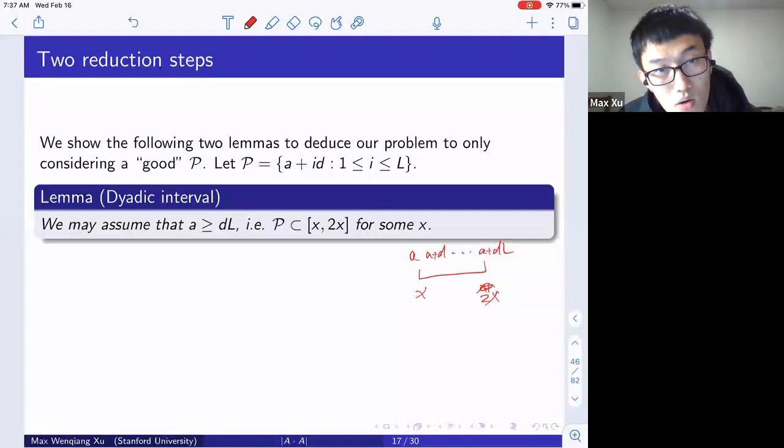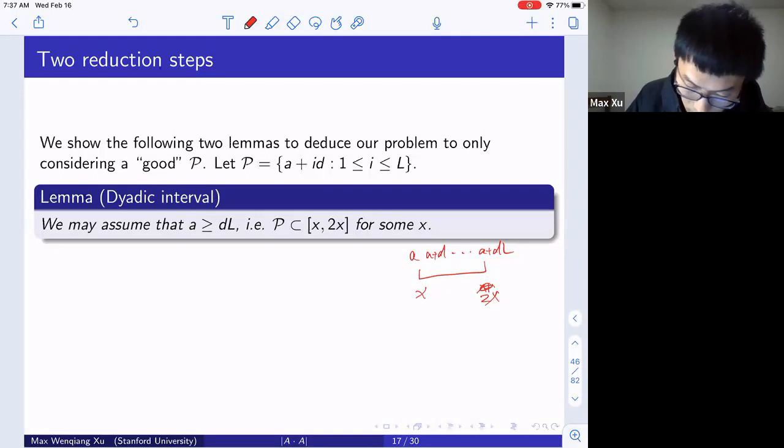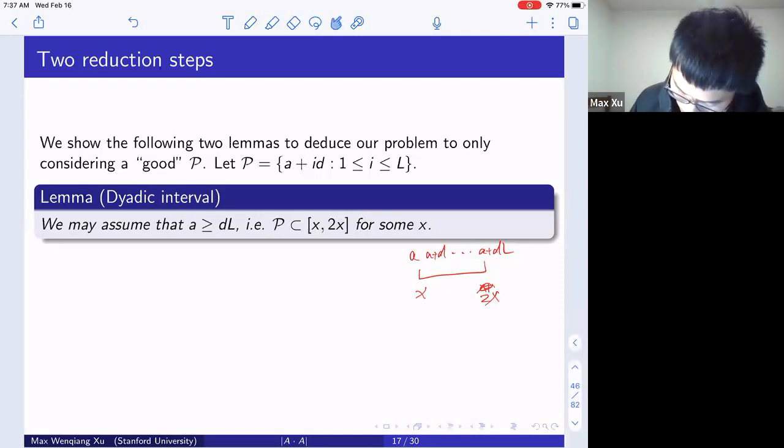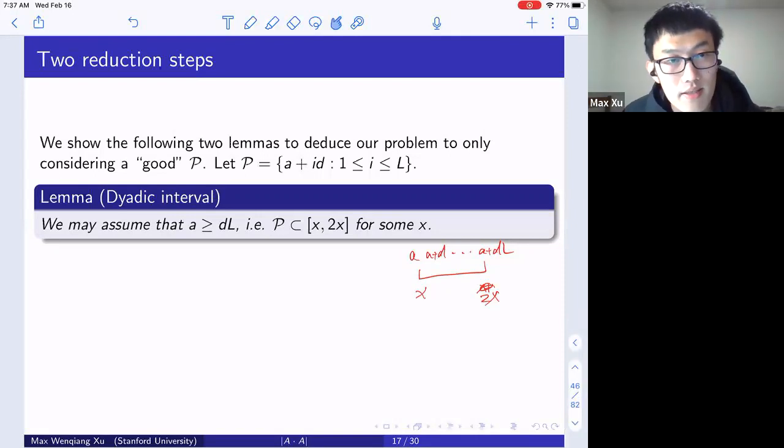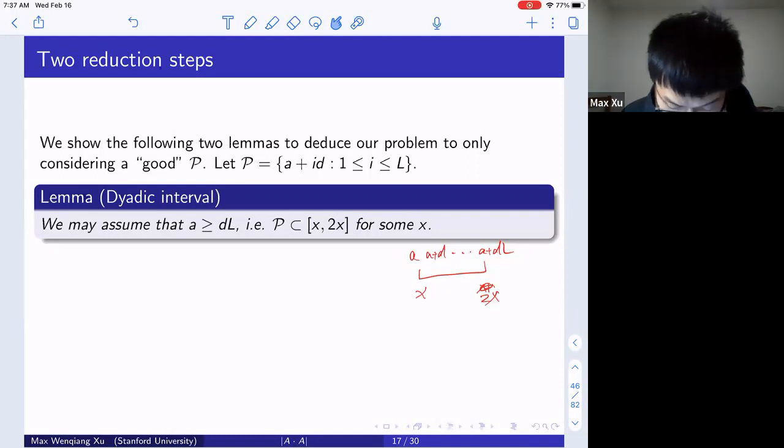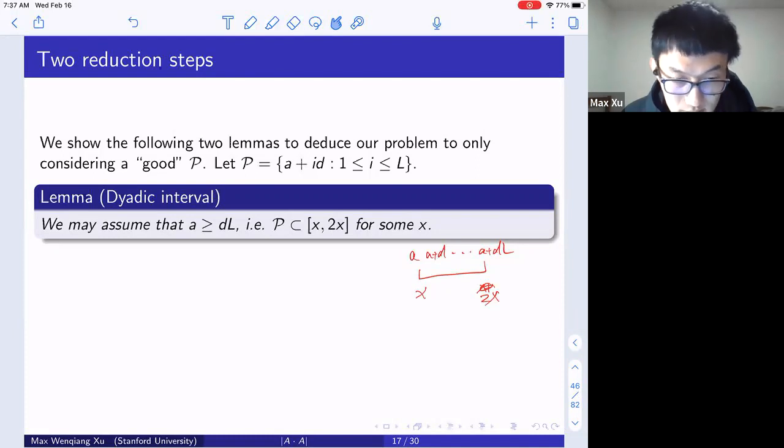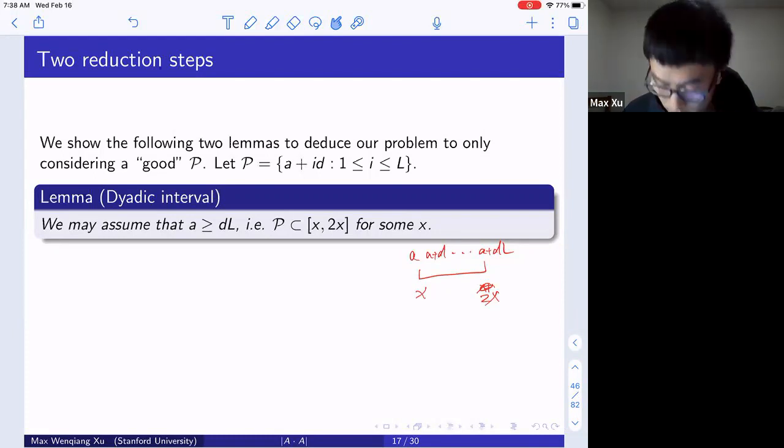Okay, remember we are estimating multiplicative energy, and for a given arithmetic progression P and a subset of it, we want to show there exists a further subset of our subset A such that the multiplicative energy is small.